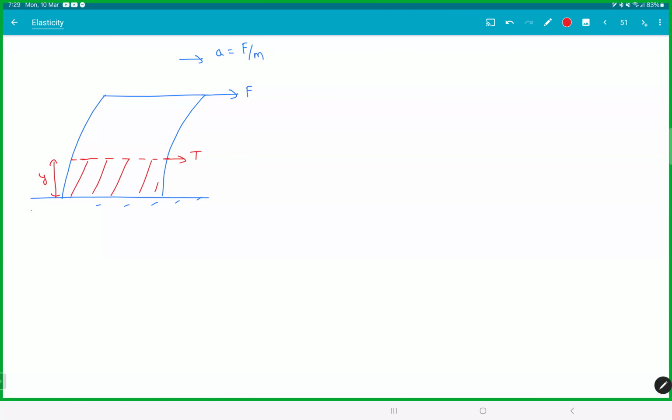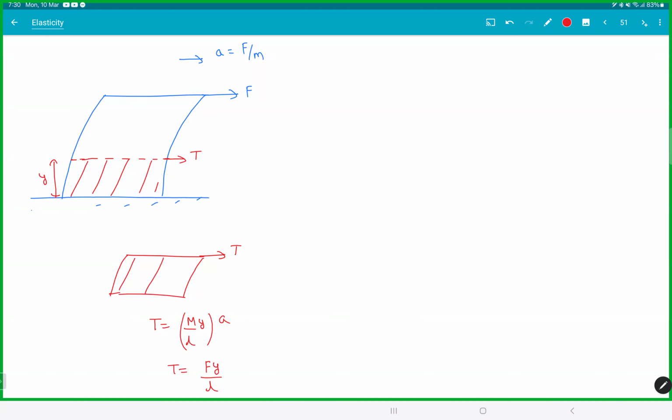So if you draw the FBD of this piece, this is the tension. So the tension will be the mass of this piece, which is mass by length into y, into the acceleration, which is Fy by L.